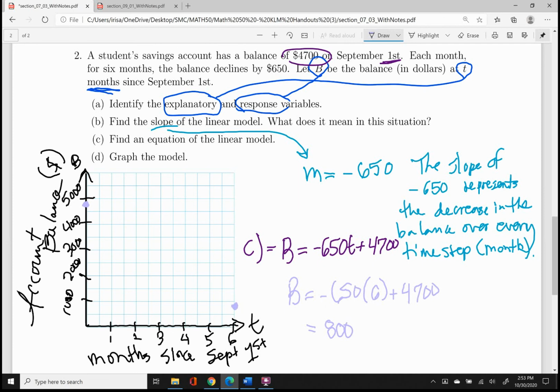And literally you just need 2 points plotted in order to draw a line. So going from the absolute highest that it could be, the original balance, all the way down to the last month in the scenario, that covers everything possible.